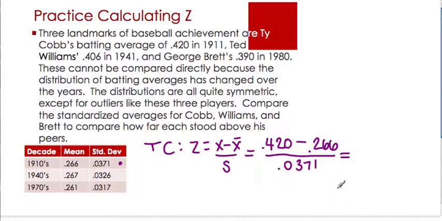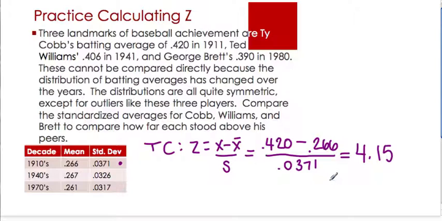I'm obviously recording this at home because you can hear my cat in the background. So let's go ahead and subtract and divide. And I get a z-score of 4.15, which means that Ty Cobb's batting average was 4.15 standard deviations above or better than other baseball players during his decade.